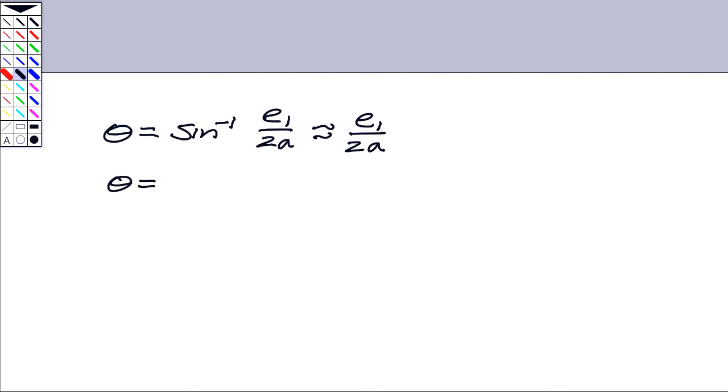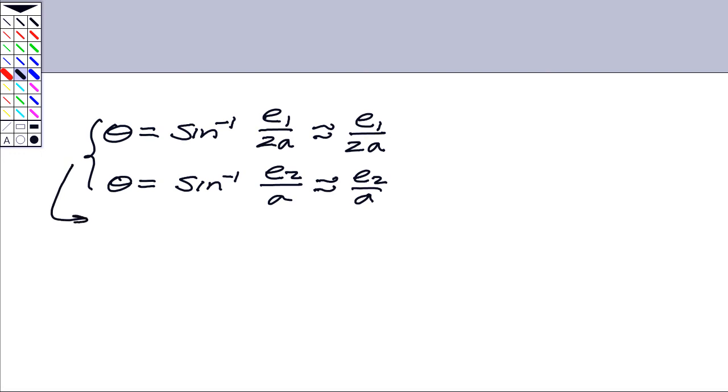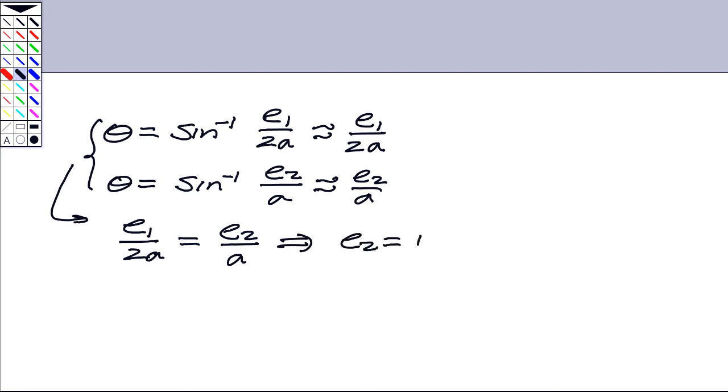Same angle of rotation for that bar, but looking at its relationship back to delta 2, that's going to be delta 2 divided by a. Again, for small angles, delta 2 over a, like that. So what we have is that delta 1 divided by 2a is equal to delta 2 divided by a. So delta 2 is a plus 1/2 delta 1. So that is my equation 4.